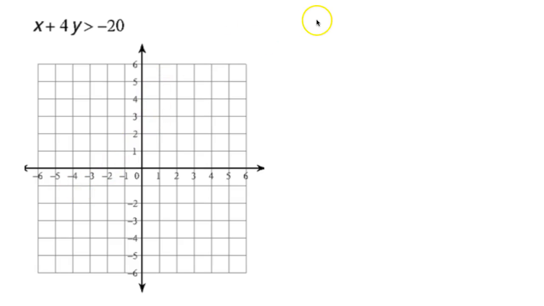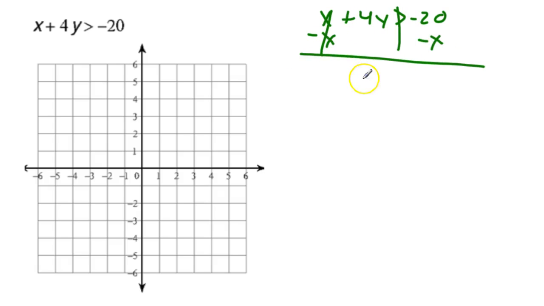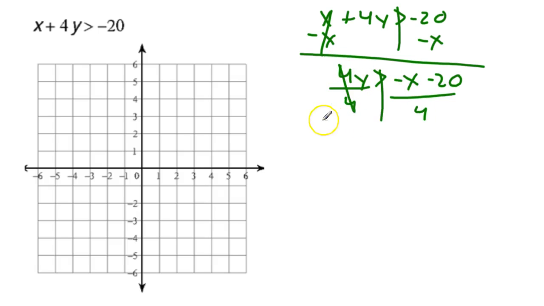Alright, so this one, the first step was put it in slope-intercept form. So let's do that. We have x plus 4y is greater than negative 20. I want to do a minus x, those cancel. 4y greater than negative x minus 20, divide by 4, that cancels.